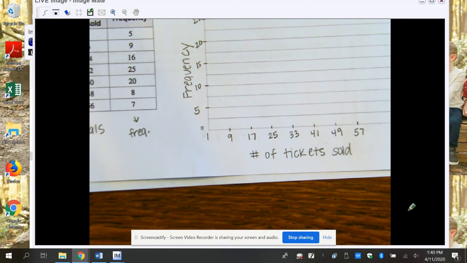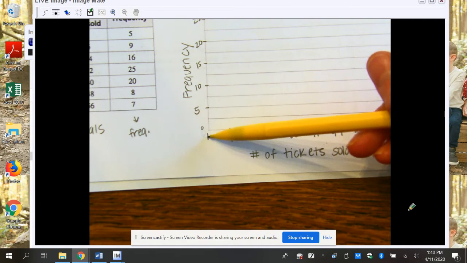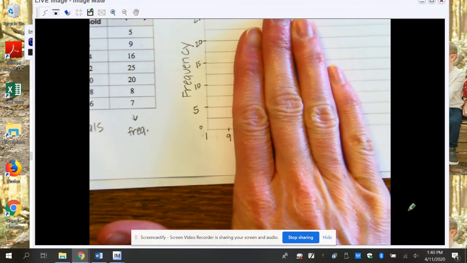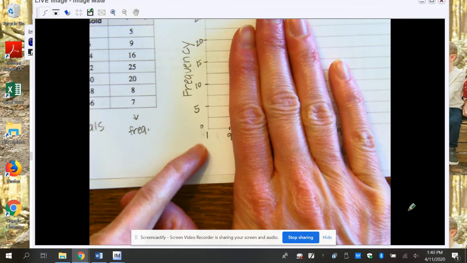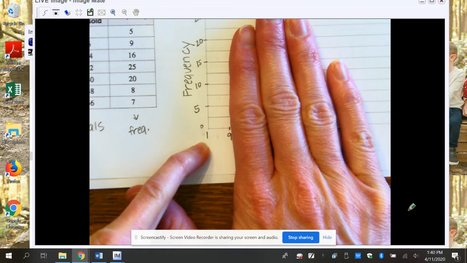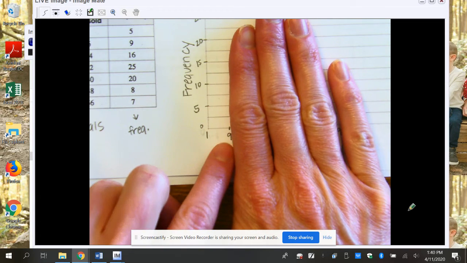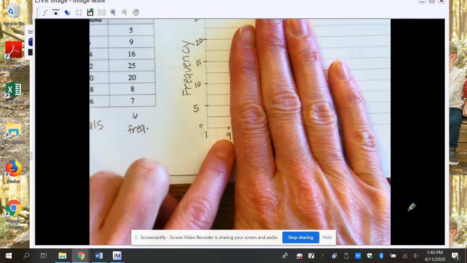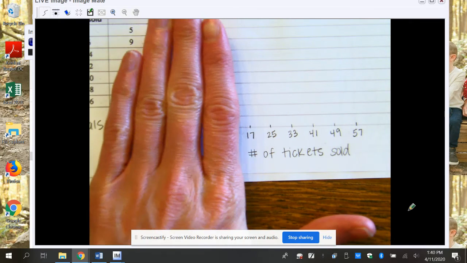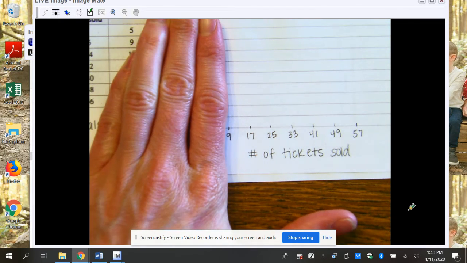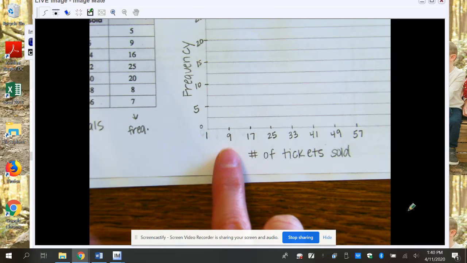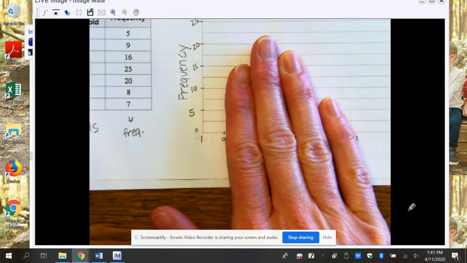The way you interpret it, if it's written like this, is that the left side of each bar is always the starting point of the interval. So 9 would be included in this second bar, and the right side is always where the next interval starts.